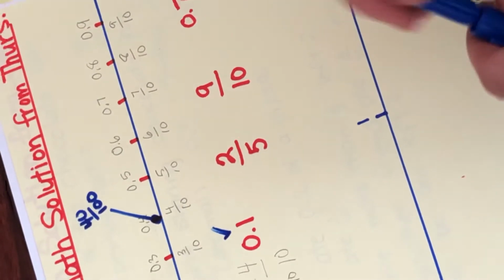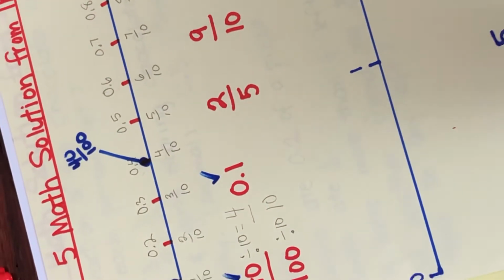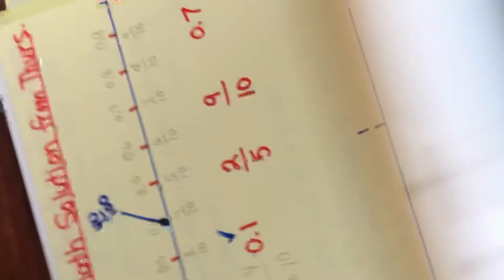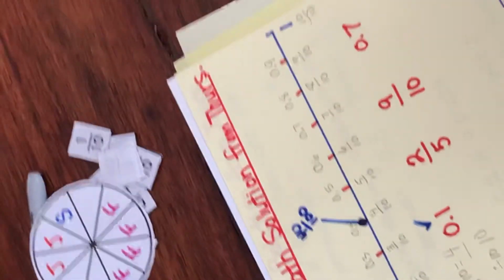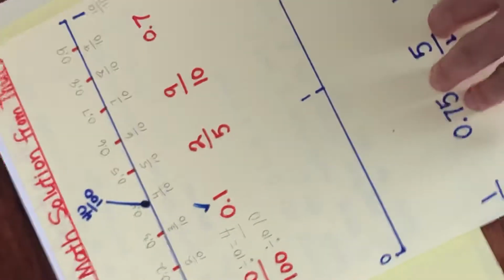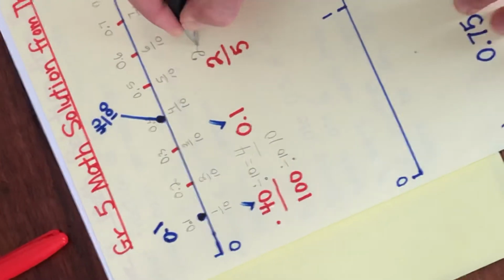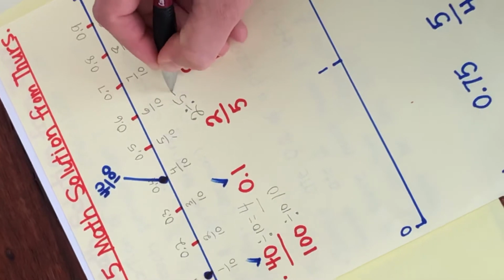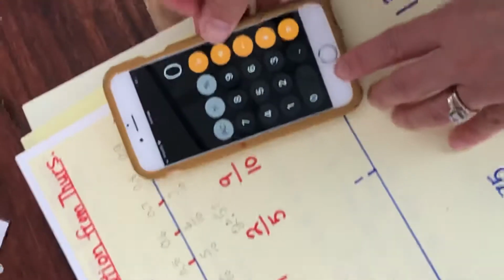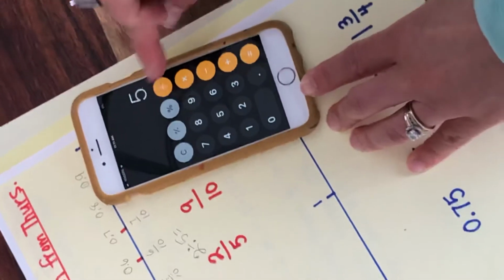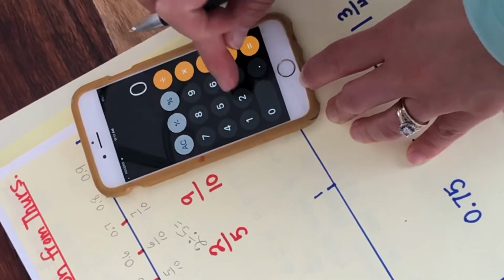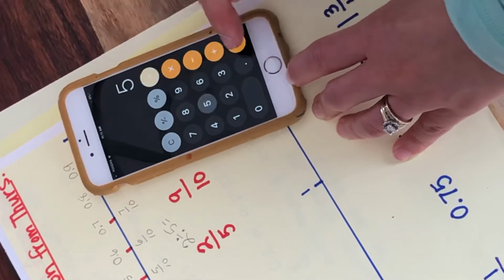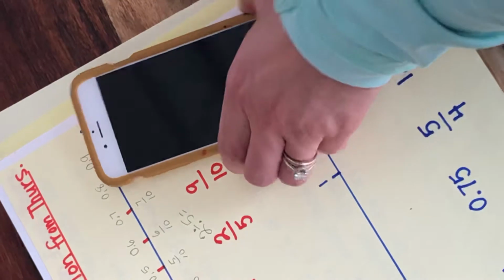Now I have this one, 2/5, okay. So what we can do is divide this into a decimal. How do we divide this into a decimal? We can use our calculator and go 2 divided by 5 equals, so here's my calculator, 2 divided by 5 equals, oh, this just died, 0.4.